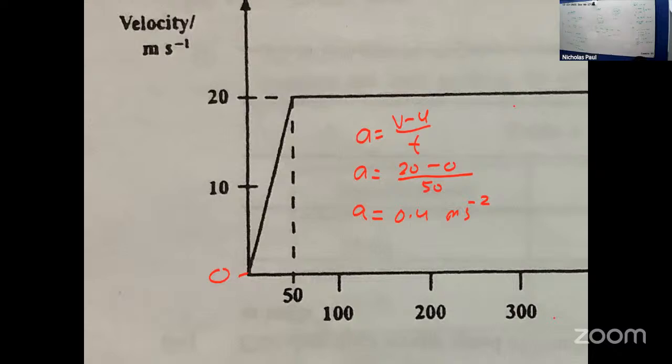Right, last part of it. In that 50 seconds, what was the total distance traveled? Think about it. What do you think is the distance traveled in that 50 seconds? Try something now.